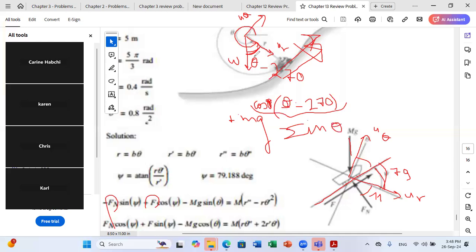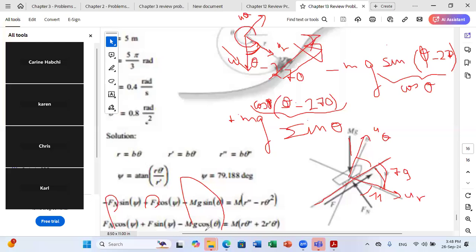And if I want to project on U theta, it's minus mg sine of theta minus 270, and sine of theta minus 270 is equal to cosine theta. So I can replace this by cosine theta. In this way, I will have the projections of my weight.